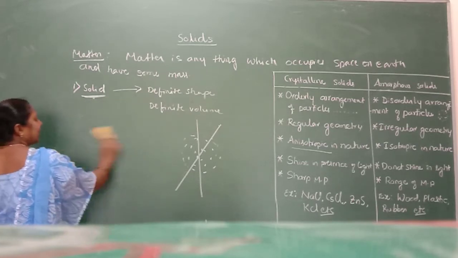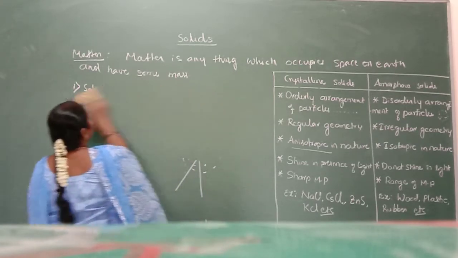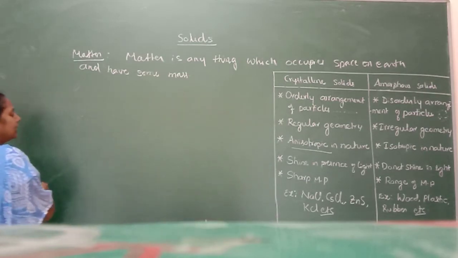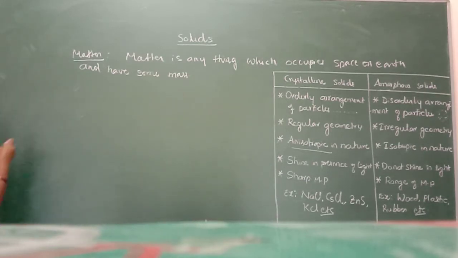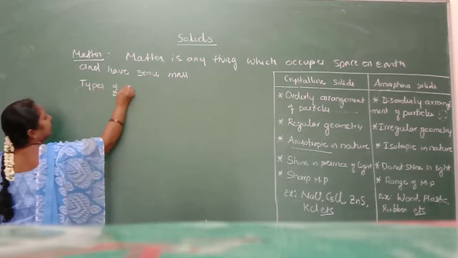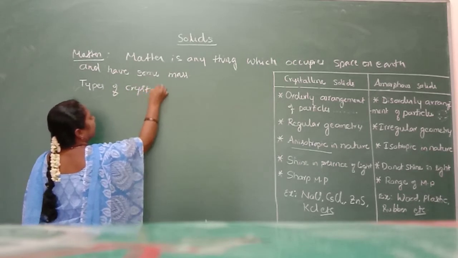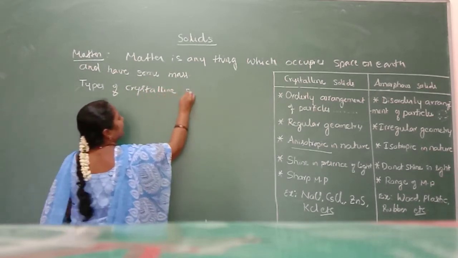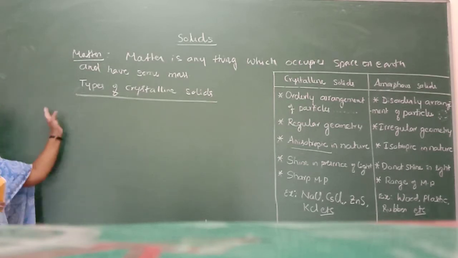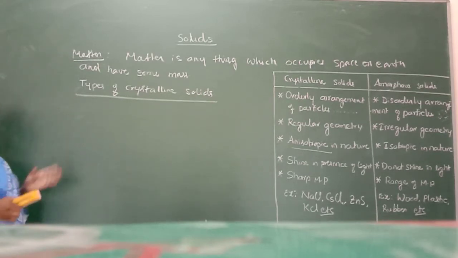Next, coming to the types of crystalline solids. So what are the types of crystalline solids? There are 4 different types of crystalline solids.